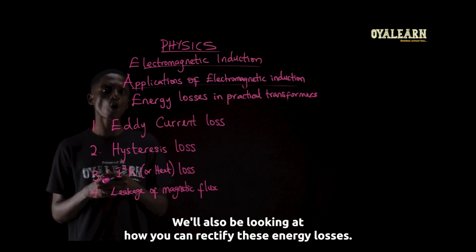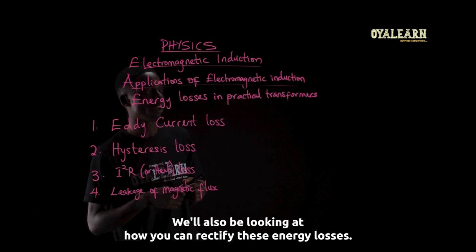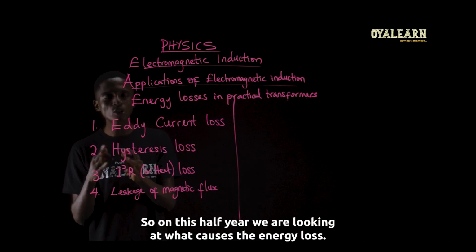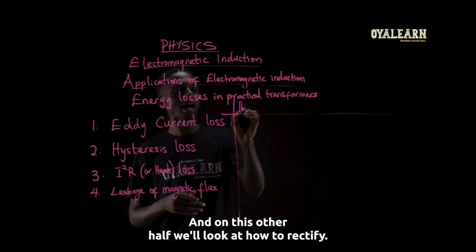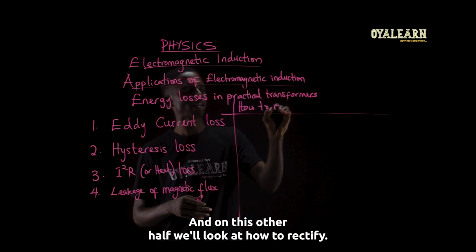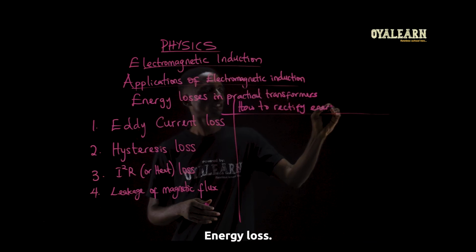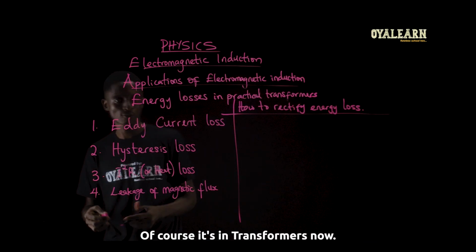But not just that, we'll also be looking at how you can rectify these energy losses. So on this half here, we're looking at what causes the energy loss, and on this other half here, we'll look at how to rectify energy loss, of course, in transformers.